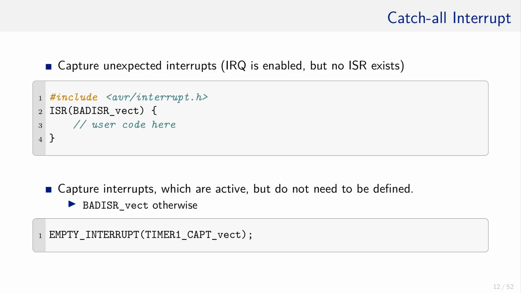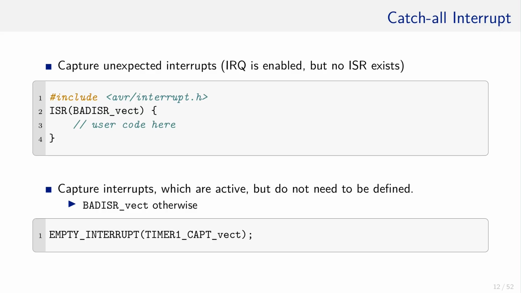This is different from the code shown below. There might be a situation where the definition of an ISR is useful, but you do not have any content. So you can define it as an empty interrupt. If that interrupt occurs, nothing happens, but it is not a bad ISR either. Okay, that's all about the ISR for the moment.